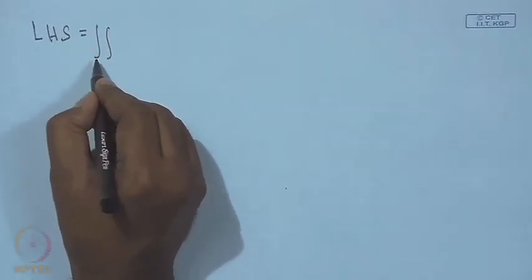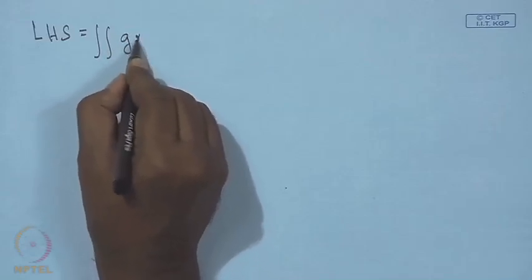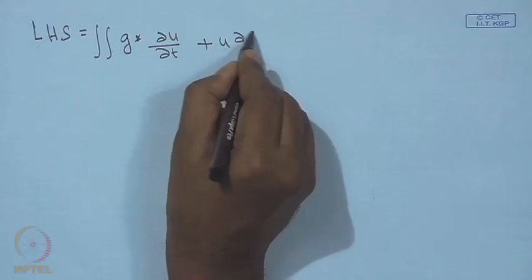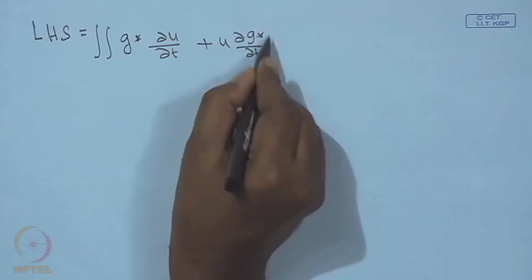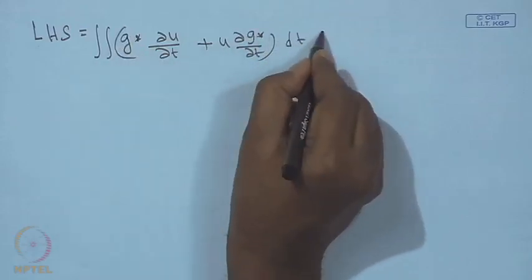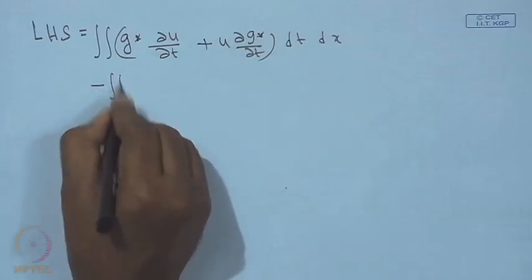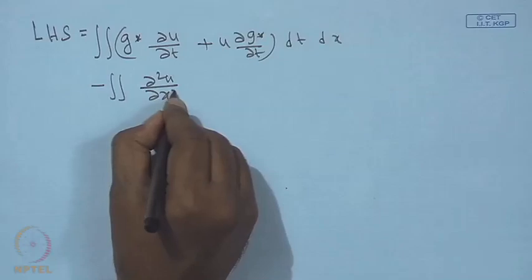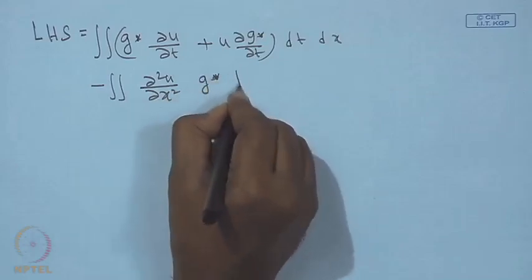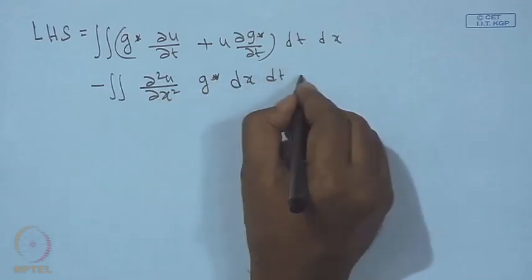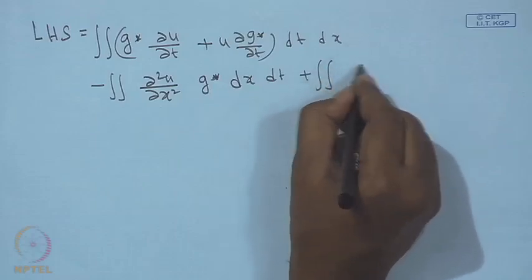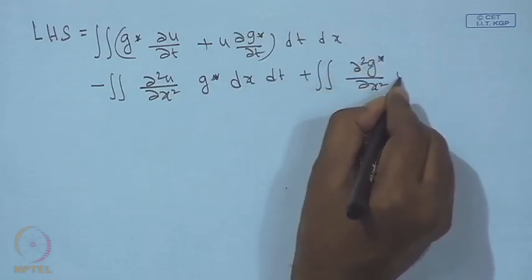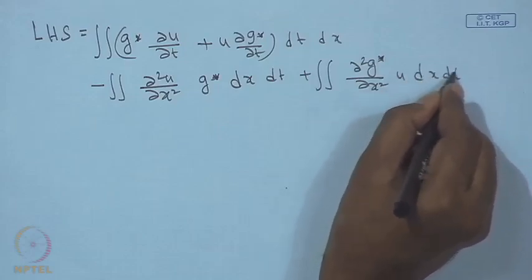This is the double integral of g star del u by del t plus u del g star by del t dt dx, minus the double integral of del square u by del x square g star dx dt plus del square g star by del x square u dx dt.